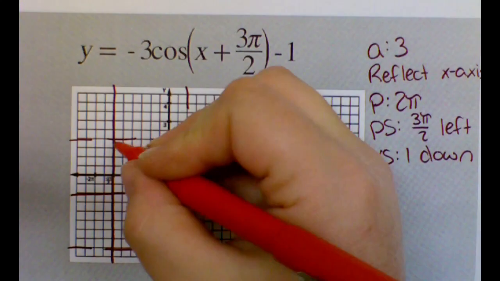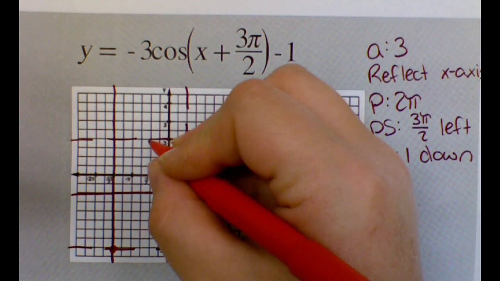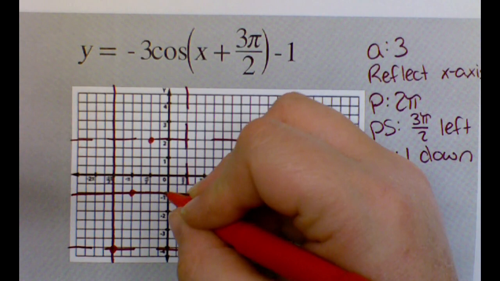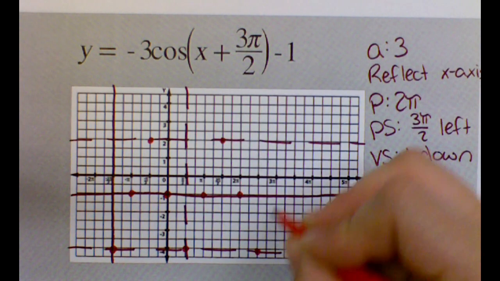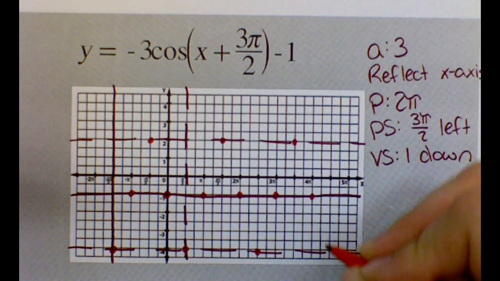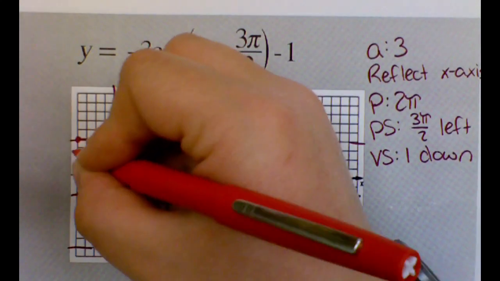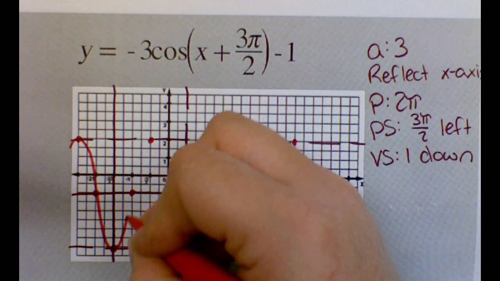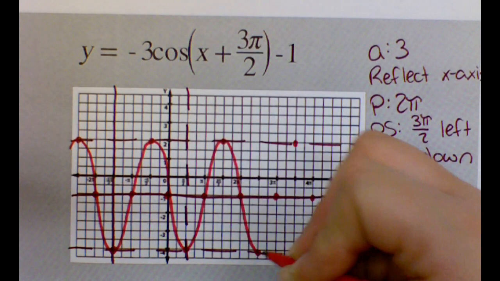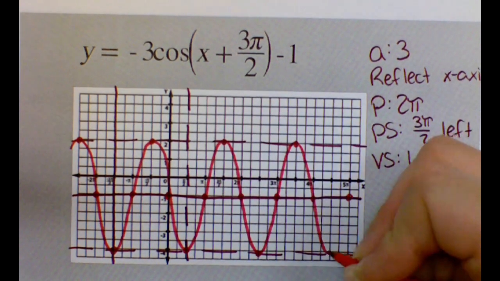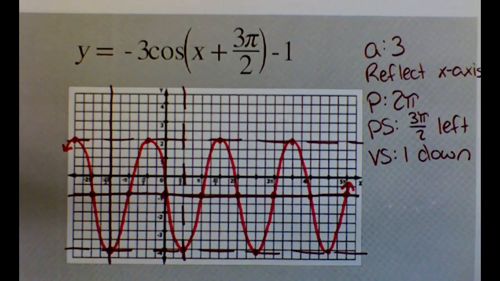So instead of starting at my maximums, I start at my minimums, right? My centers are at the max. And then the middles. Middle, up, middle, down, middle, up, middle, down, middle. There we go. And there is our graph.